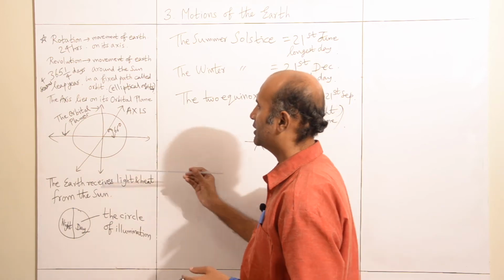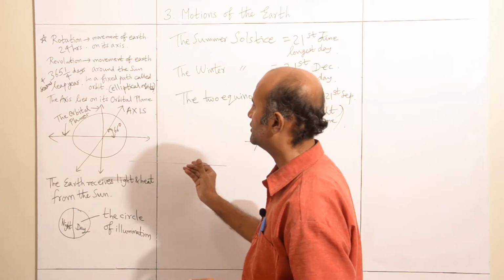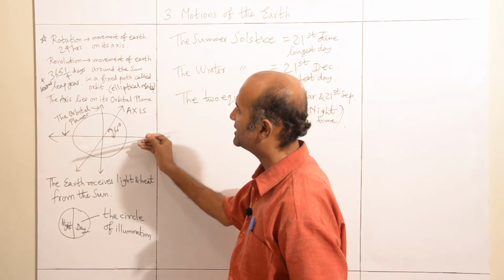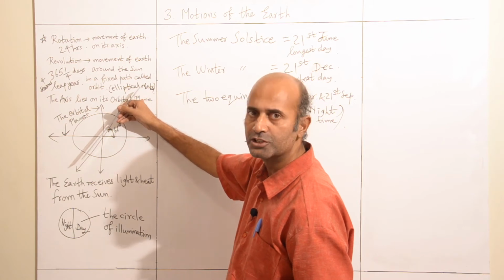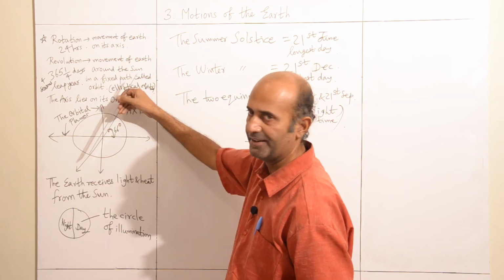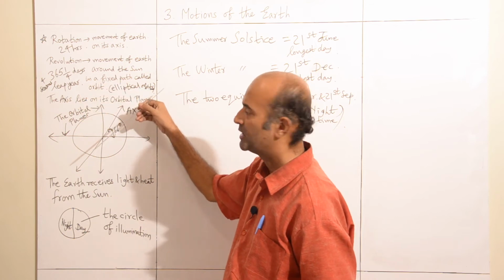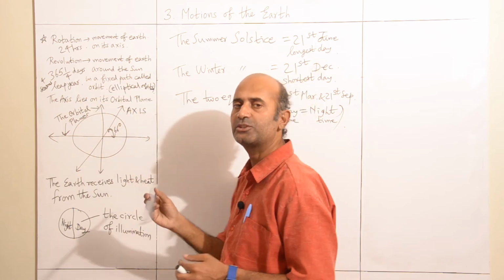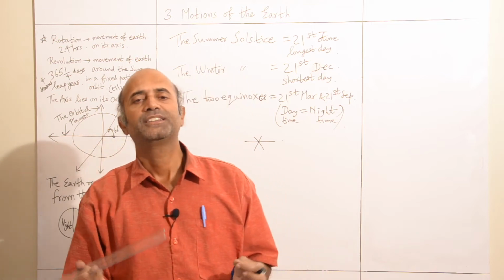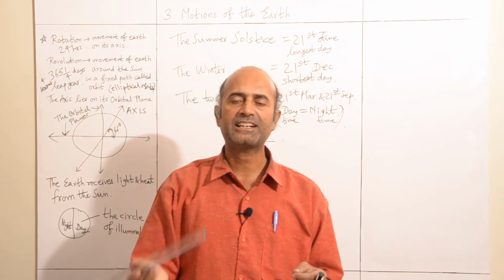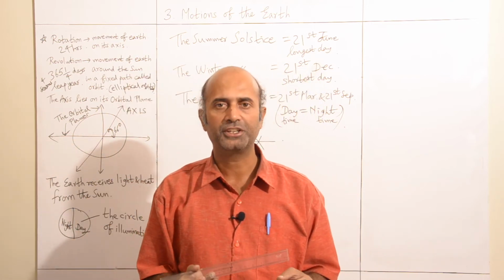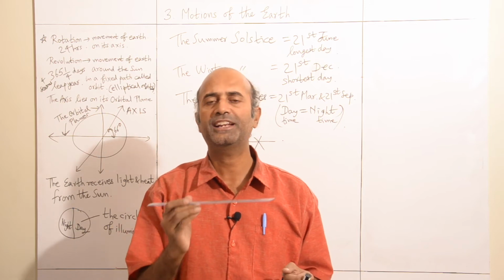So the Earth's axis is located 66 degrees north of the horizontal orbital plane, or from the vertical orbital plane it's 23 degrees. We have discussed earlier the difference between the geographical axis and the magnetic axis of the earth. So there's an angle of 23 degrees difference.